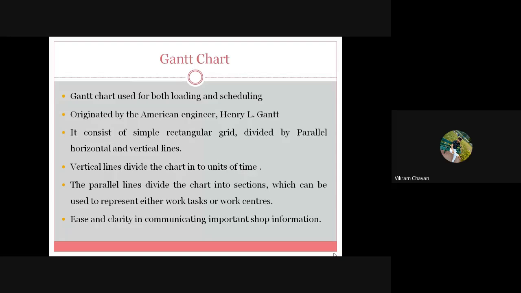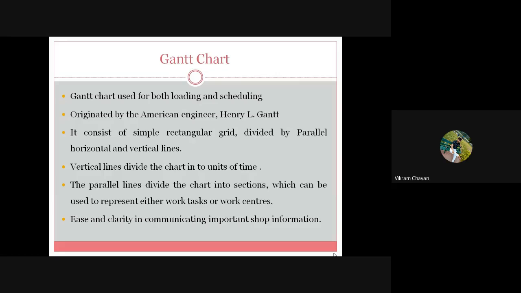Gantt chart is used for both loading and scheduling. Originated by the American engineer Henry L. Gantt. It consists of a simple rectangular grid divided by parallel horizontal and vertical lines.